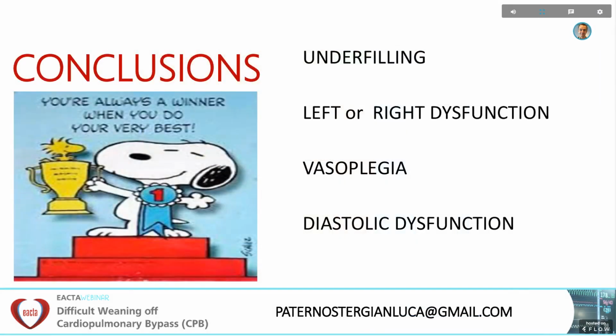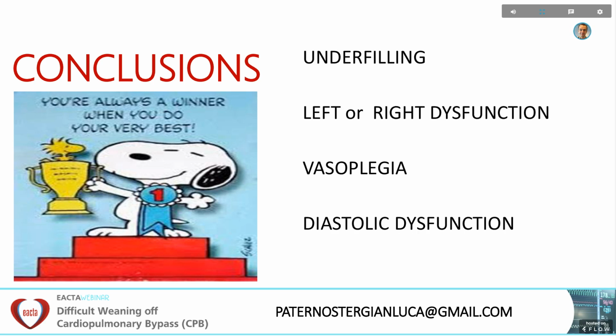So in conclusion, when we are in the presence of difficult weaning from CPB and want to use an inotrope or a vasopressor, please consider underfilling as the first step. Then make the right diagnosis of left or right ventricular dysfunction, and remember where the receptors are located and how the inotropes work, with alpha, beta, V1, V2, PDE3, PDE4.